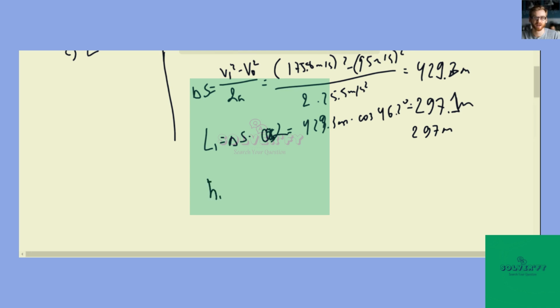And h1 equals delta S times sine alpha. Let's leave one decimal here and we'll round it later.